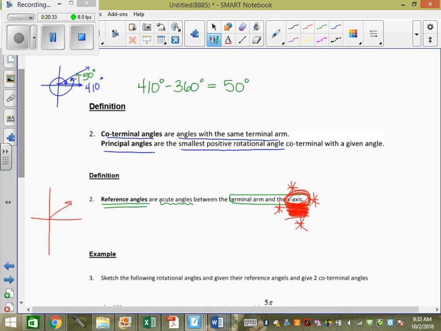If this was your terminal arm, it would be here. If this was your terminal arm, it would be here. If this was your terminal arm, the reference angle would be here. And if this was your terminal arm, the reference angle would be here. And if you connect them, they make a bow tie. Not an hourglass, which would be if you did it with the Y's, which is not what it's supposed to be.